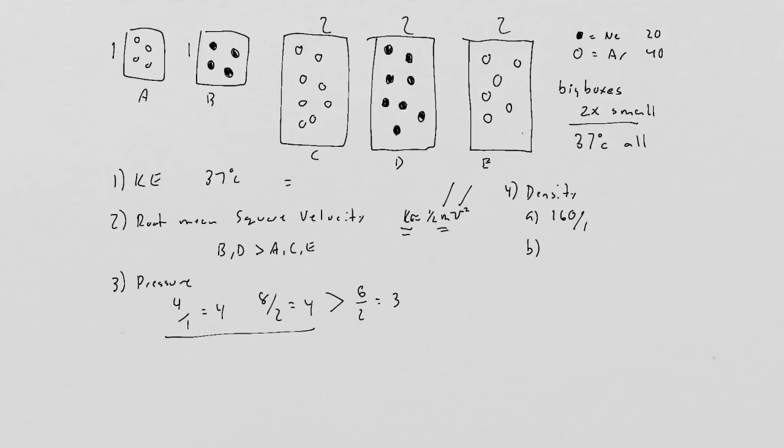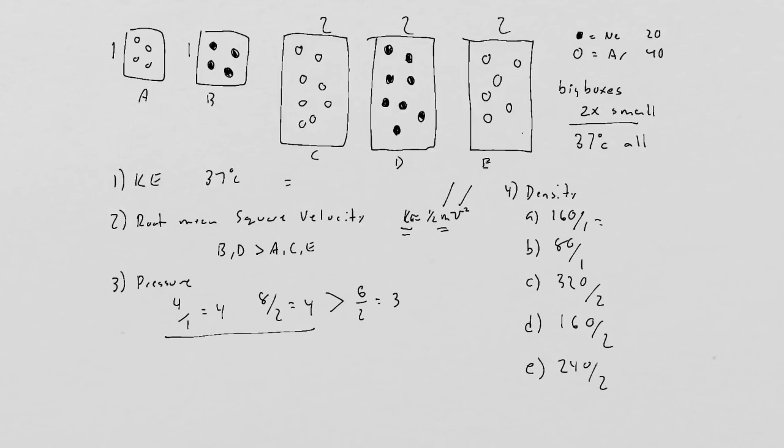Whereas B has 4 neons, so it's 80 over 1. For C, you've got 320 over 2. For D, you've got 160 over 2. And for E, you've got 6 argons. So 6 argons is going to be 6 times 40, 240 over 2.